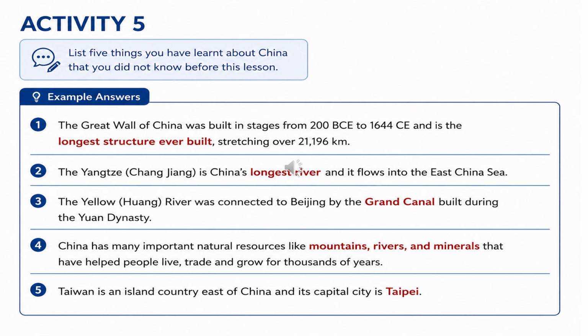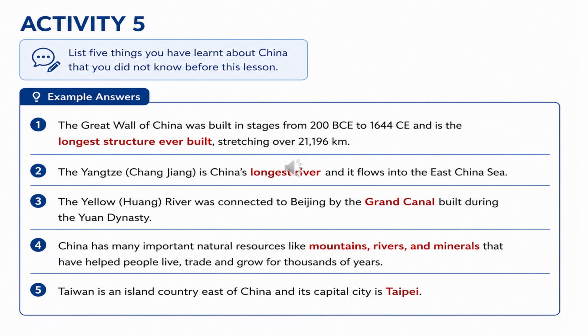Now let's compare your answer with the examples on the screen. So the first example is about the Great Wall of China. We learned that it was built in different stages from around 200 BCE to 1644 BCE. And the second point is about the Yangtze River. We learned that it is China's longest river.